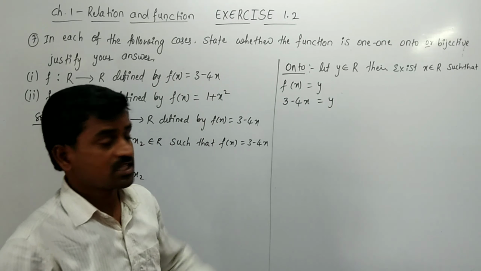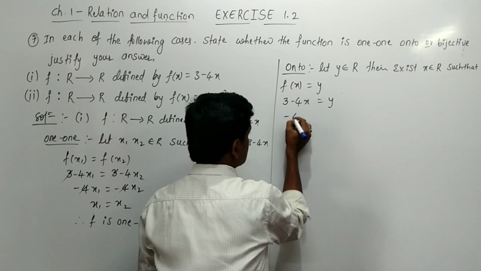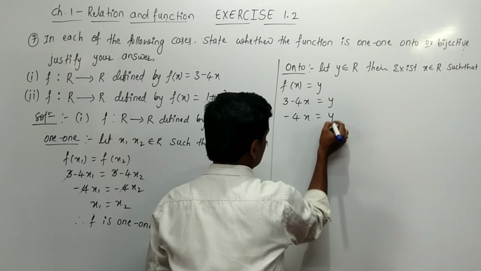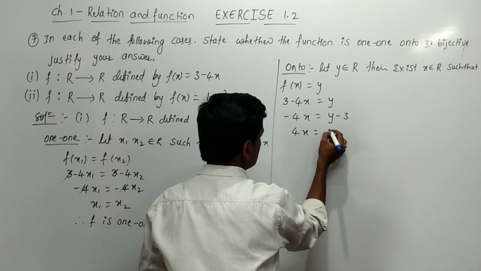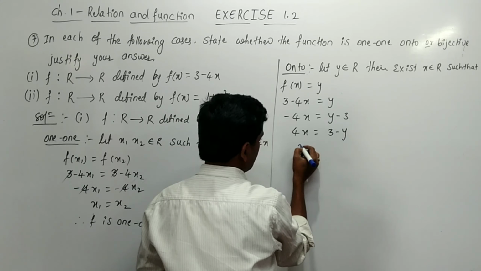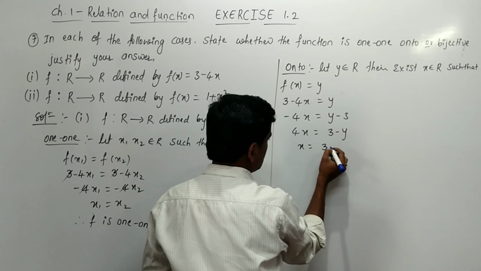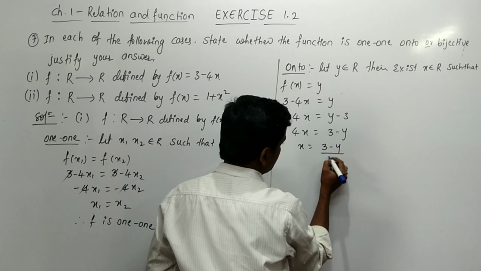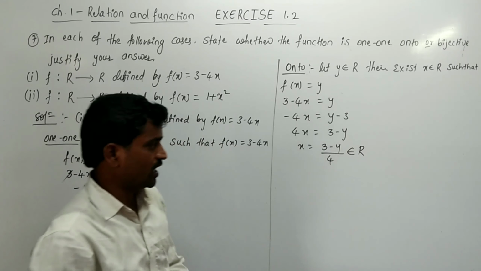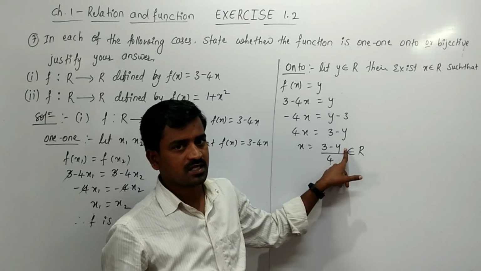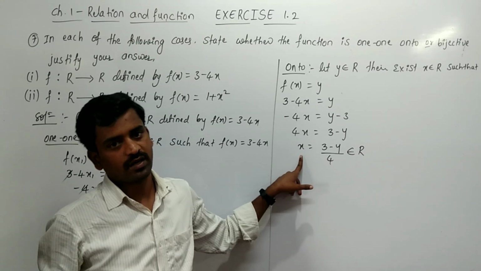Here we find the x value: minus 4x is equal to y minus 3. Therefore 4x is equal to 3 minus y. x is equal to (3 minus y) divided by 4. This belongs to the real numbers. For y a real number, its value x belongs to the real numbers.